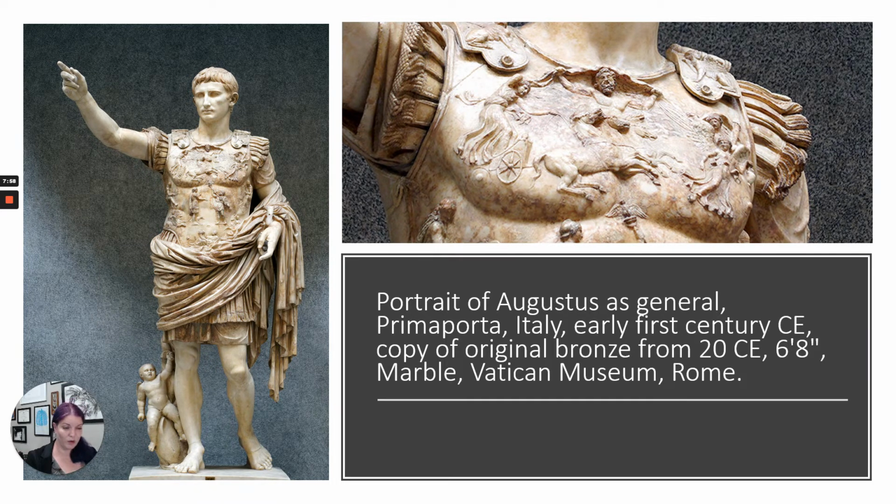Okay, so he traces the Julian line, the Julian dynasty, their lineage all the way back to Venus, and Cupid is Venus's son. So rather than having Venus with him, he has Cupid. Why? Well, one, he wants to have that connection to his distant relative Aeneas, who fought in the Trojan War, who was the son of Venus, so he was a half deity, a demigod.